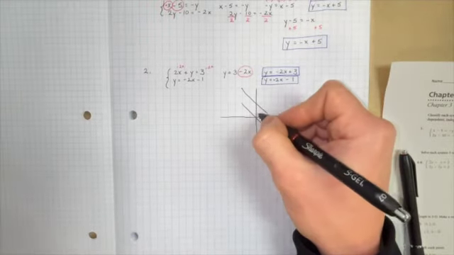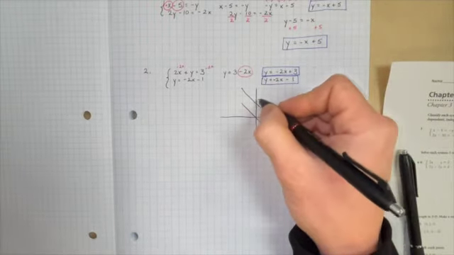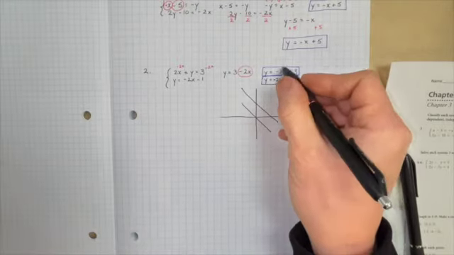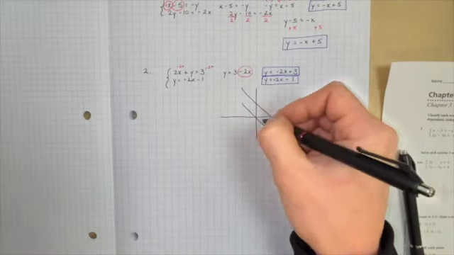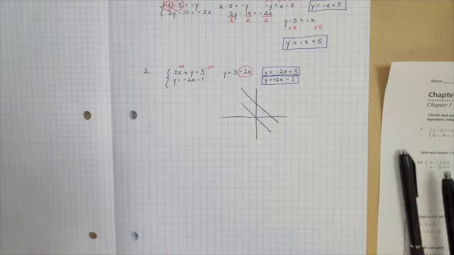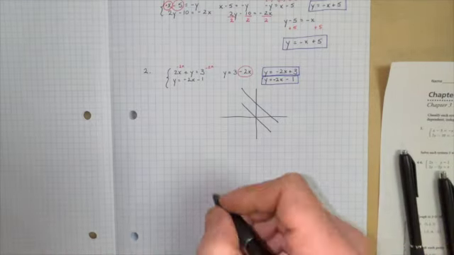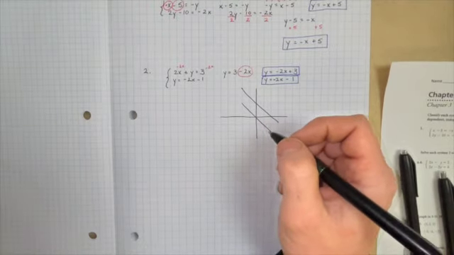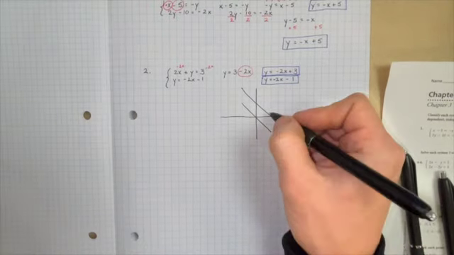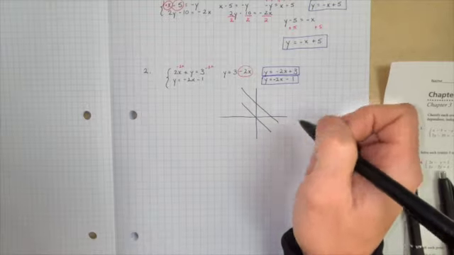But this one is at negative 1. These lines, when they have the same slope, they're going to be those parallel lines, and that's going to result in an inconsistent system of equations. There's no answer, no intersections.